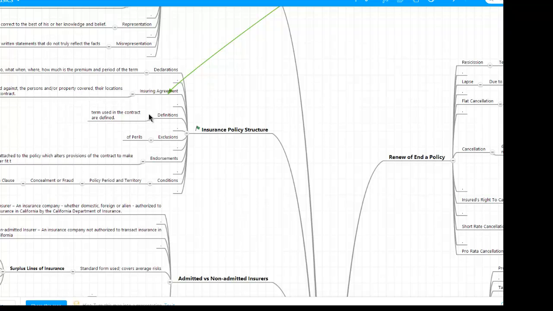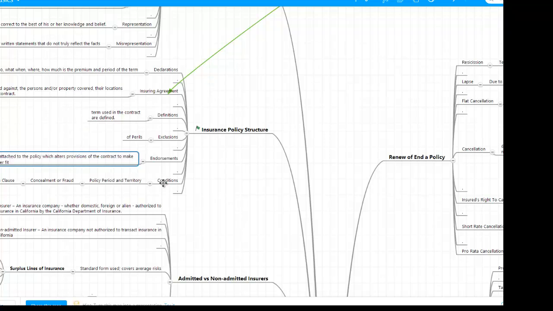And then you have definitions, which is clear enough, and then exclusions. These would be the perils or the dangers that are specifically excluded. And then you have the endorsements, and they would be added on as extra benefits, if you might, or extra coverage.